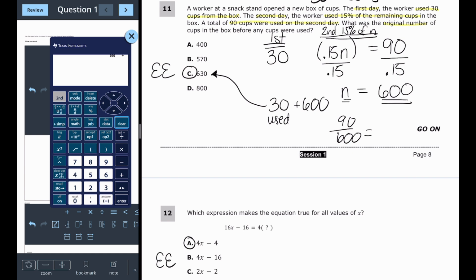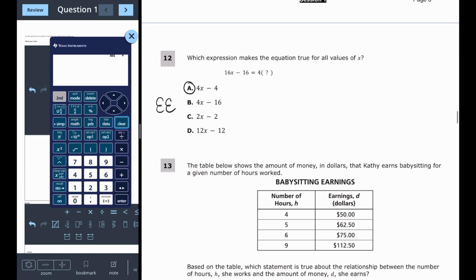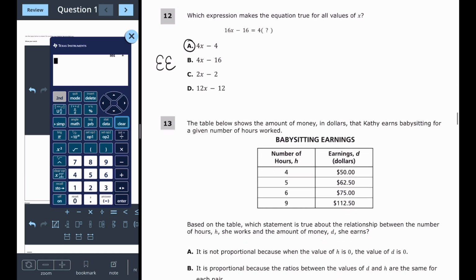Let's go to the next one, number 12. Which expression makes the equation true for all values of x? Okay, so this one, again, a little tricky. I need to figure out which of these expressions I can put into this space to get an equivalent expression. That will make it true.